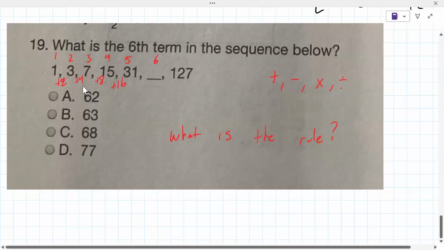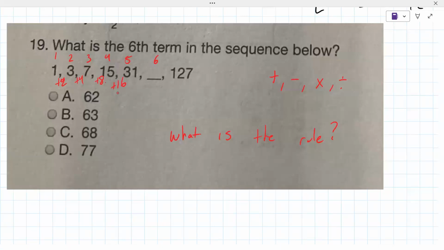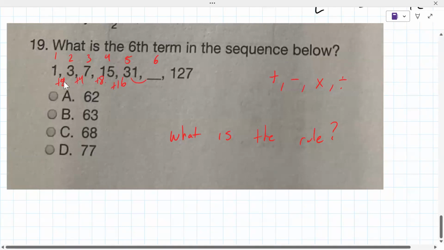So what's the pattern here on the 2, 4, 8, 16? What's the next thing you're going to add? What's the next result here? What's the pattern? 2, 4, 8, 16.